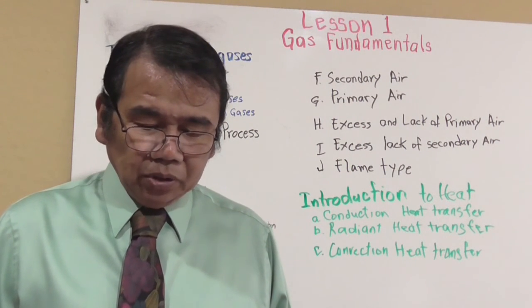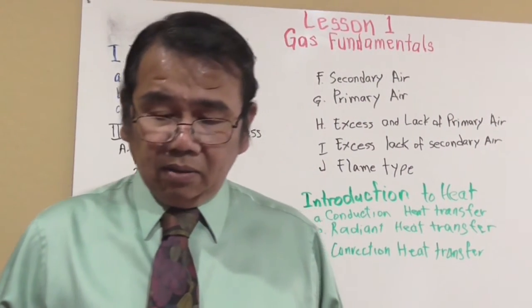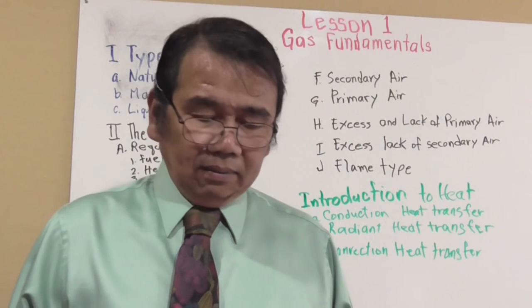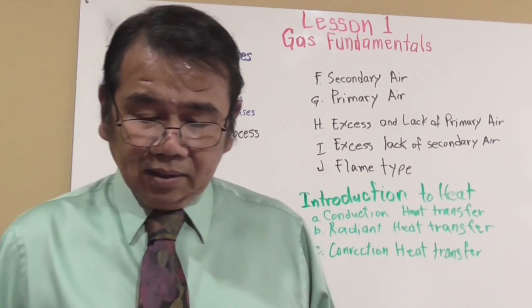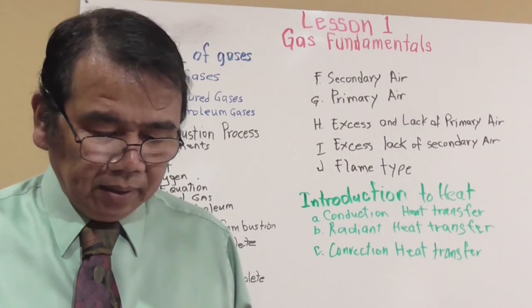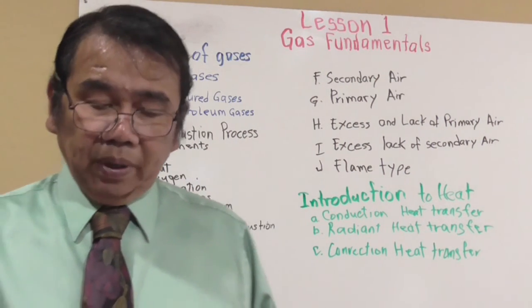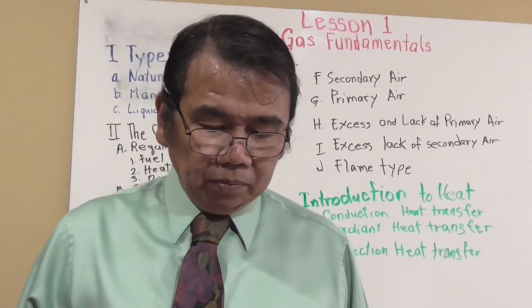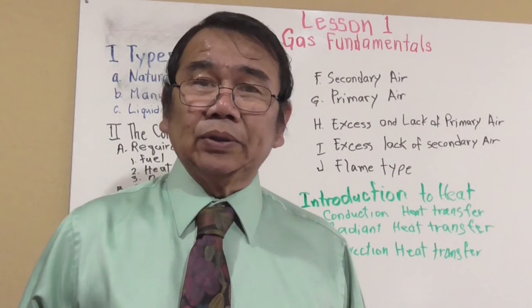Natural convection: when air is heated, it expands and rises. Lighter heated air is displaced by cooler air, setting up a natural convection current. An example of this is a wall or floor furnace.